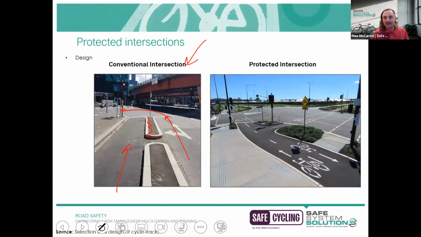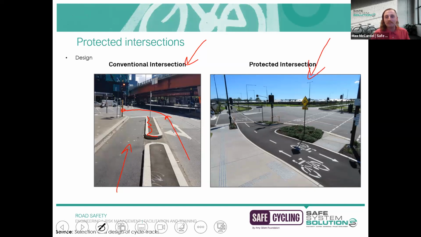That can really create a bit of confusion for priority. So I think that does a good job of showing how difficult it can be for motorists to be able to see a cyclist that's riding behind them.